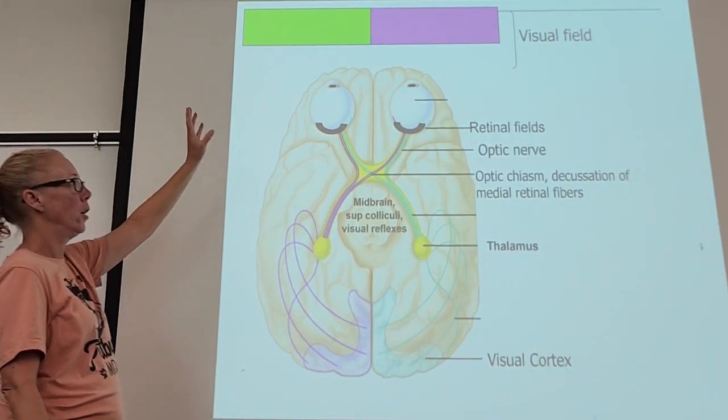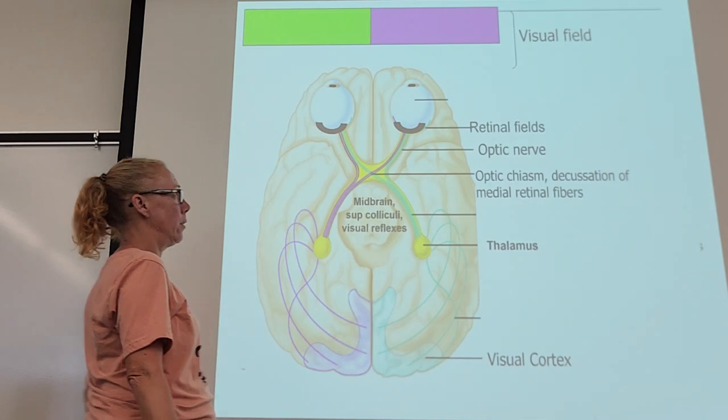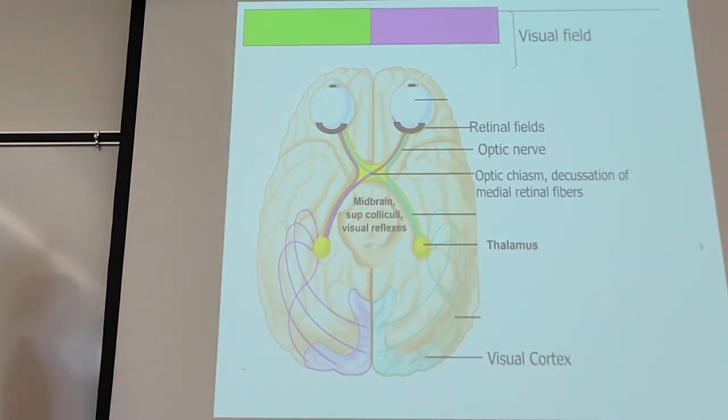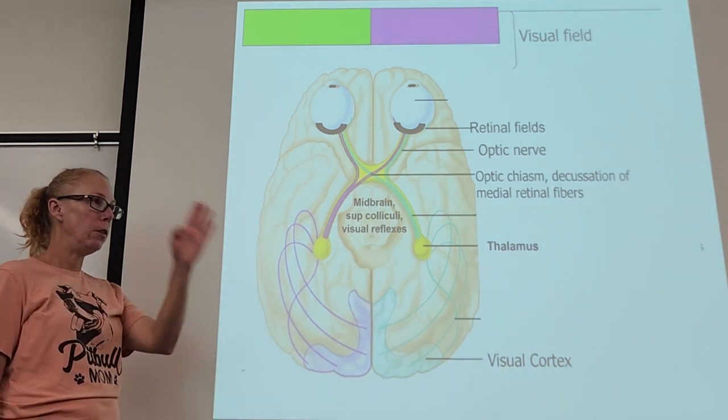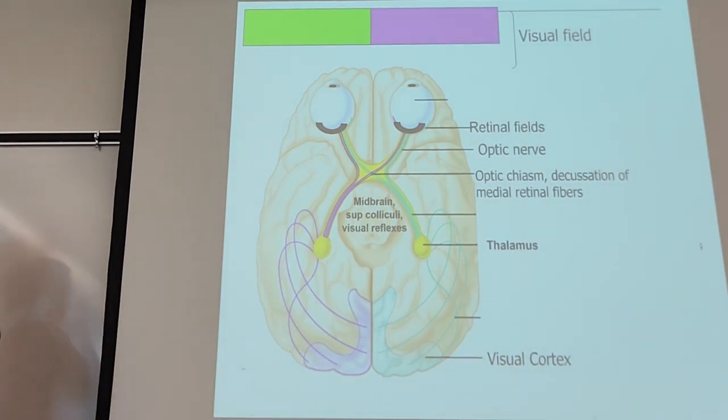Your left visual field is signified by the color green. Your right visual field is signified by the color purple. Visual field meaning, a sagittal line going straight down the middle of your face. Your right visual field is what your right eye can see. Your left visual field is what your left eye can see, okay?